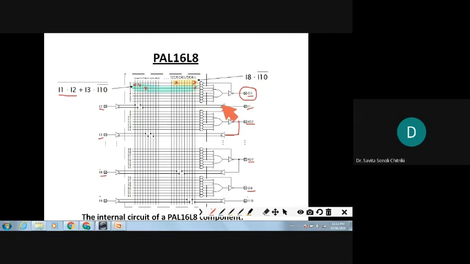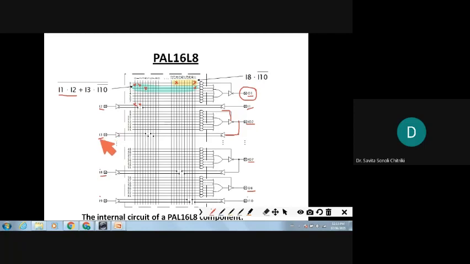I1, I1, I1, I2. Second one, I3, I10 bar.